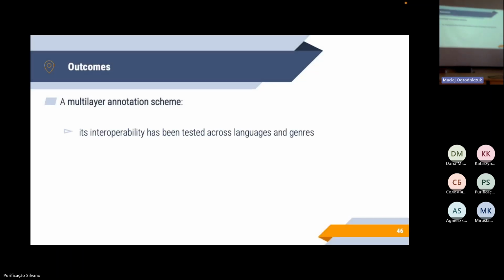Okay, so this annotation scheme has been proved to be able to be used in other languages and genres. We have also tried other narratives, for instance, literary narratives.